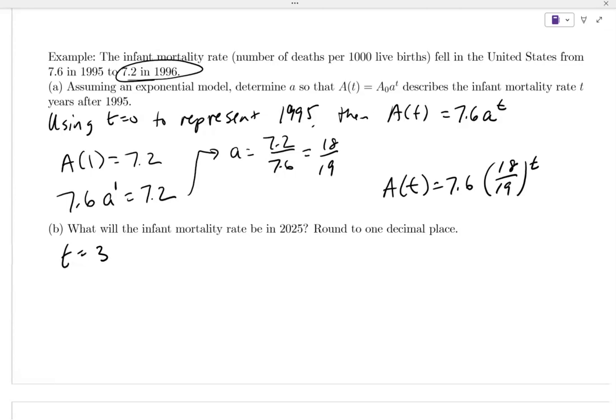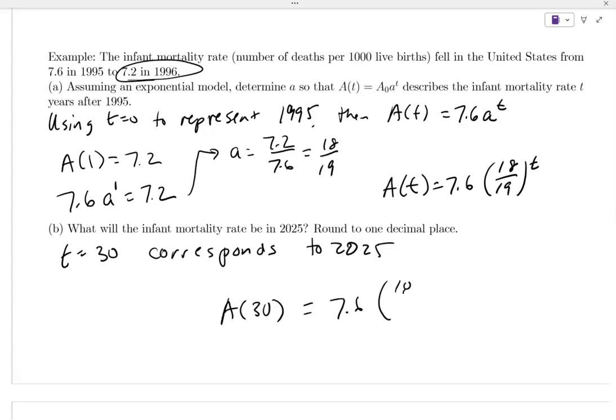So we want to figure out what a of 30 is. So t equal to 30 corresponds to 2025. So we'll plug in 30 for t. And this one asks us to round to one decimal place.